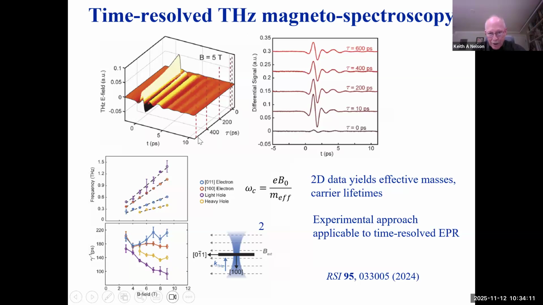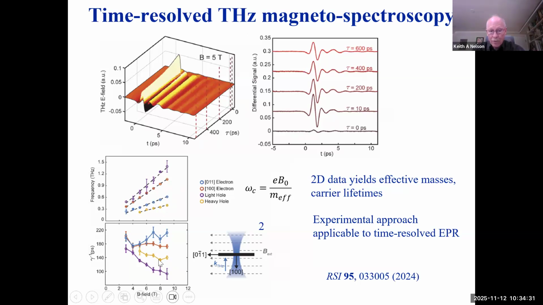The time between the optical pulse and the terahertz pulse can be varied over a few hundred picoseconds. It's just the lifetime of the carriers. On a shorter time scale, when the terahertz pulse comes in, it induces these oscillatory responses that reveal the electron cyclotron resonance frequencies.